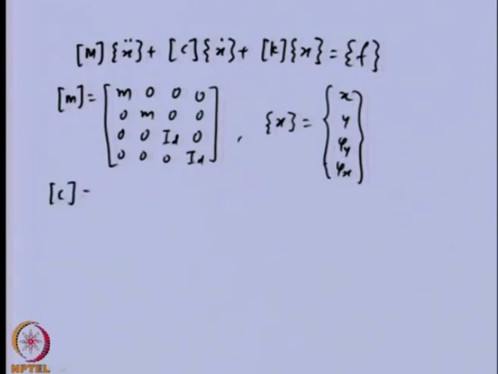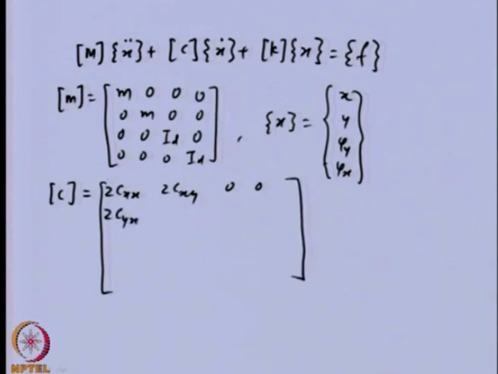Similarly, the damping coefficients will be now, because of the cross coupled terms, we are getting 4 terms. Earlier, only this direct damping term was there.